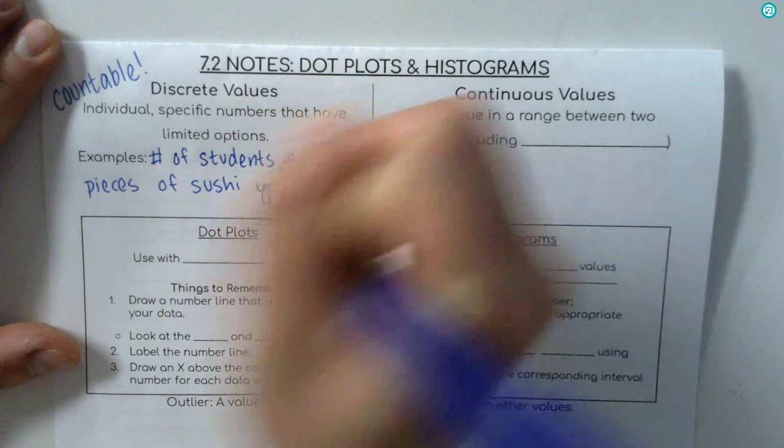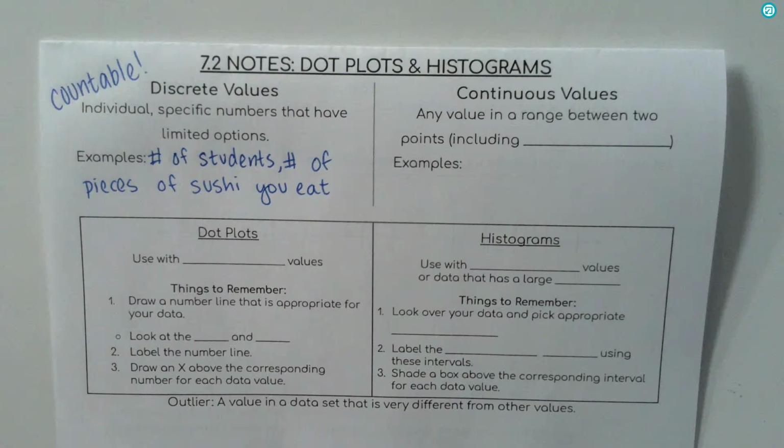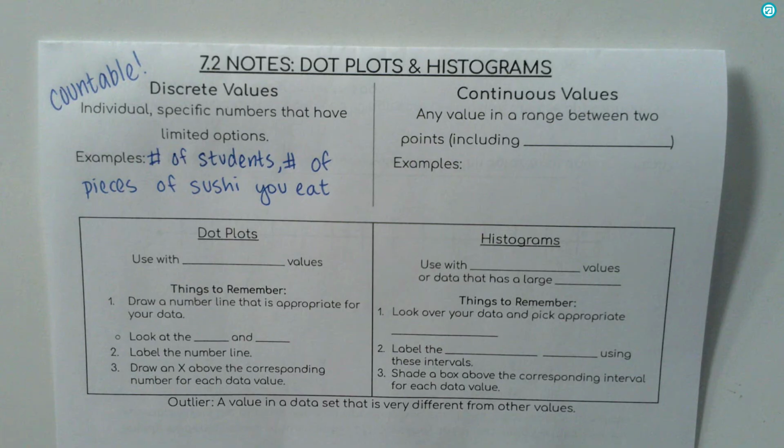You're going to sit there and say, I went to Mizu and I ate 27 pieces of sushi and I don't feel good, but I got my money's worth. Okay, so things that are countable, things that you can say, 1, 2, 3, 4, 5. It can be big countable numbers, it can be little countable numbers, but things that are countable.